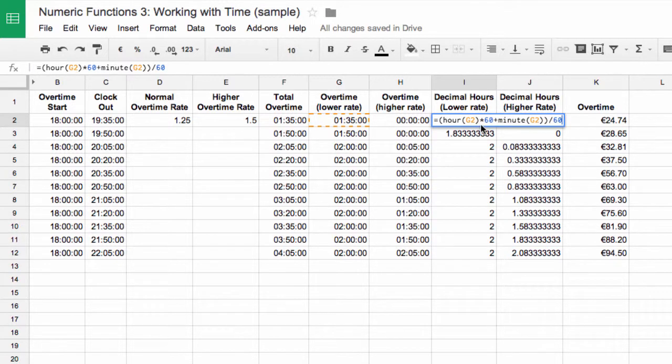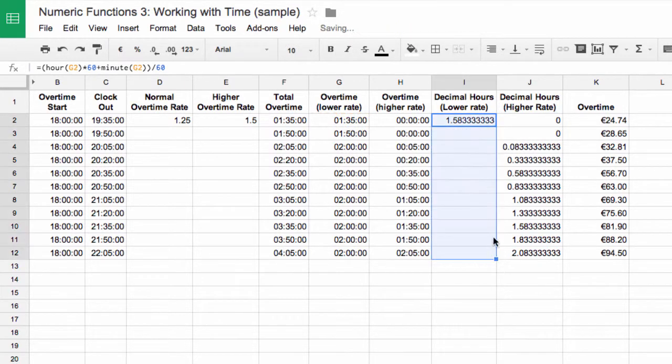What this formula says is: take the hour from cell G2 at the overtime rate, multiply by 60 to convert it to minutes, add the minutes from G2. This part of the formula will give the total overtime at the lower rate in minutes, and dividing that by 60 will convert it to a decimal.